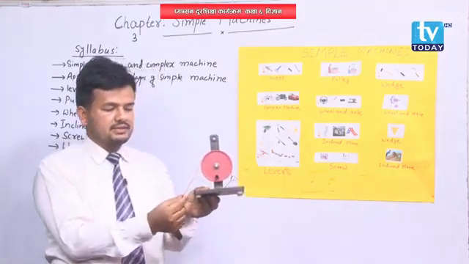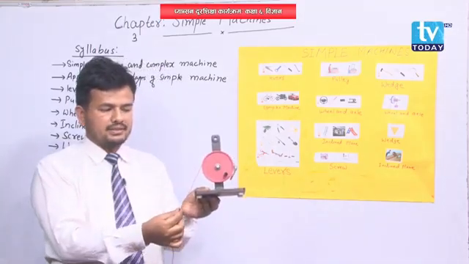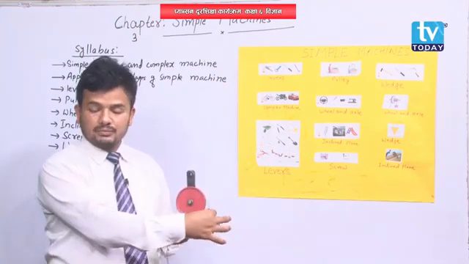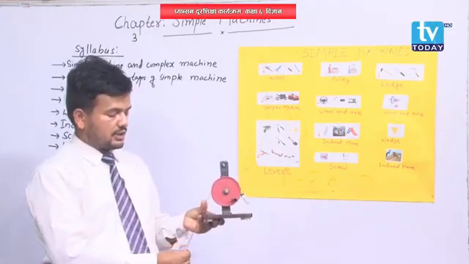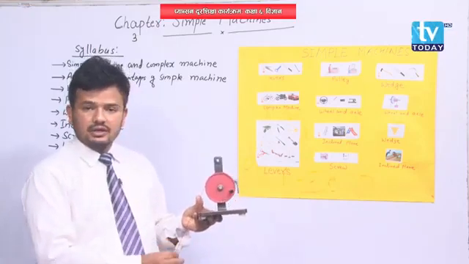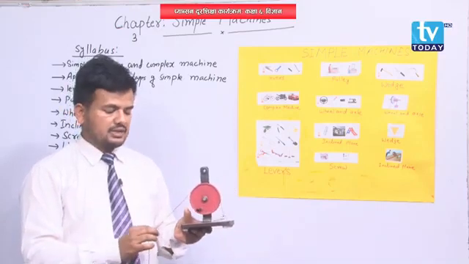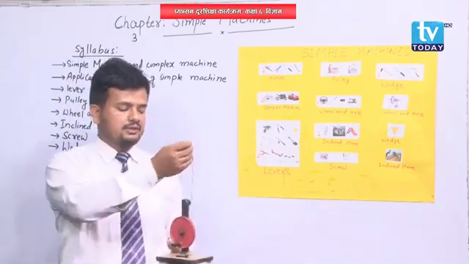This way, and you can just pull the rope. Suppose that is the load, this is the bucket. So you can lift the bucket up and down using a pulley. So pulley is also a simple machine. Understand that pulley is also a simple machine.